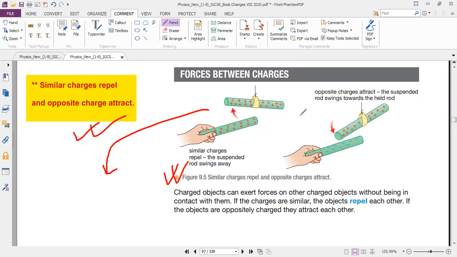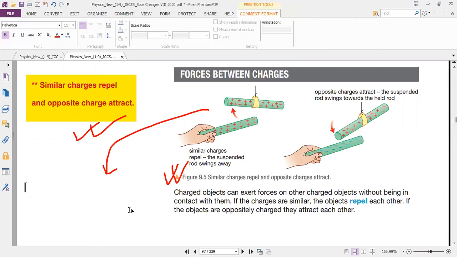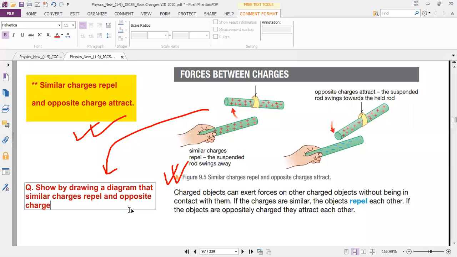You have to draw it, with labeling. The question is: show by drawing a diagram that similar charges repel and opposite charges attract.